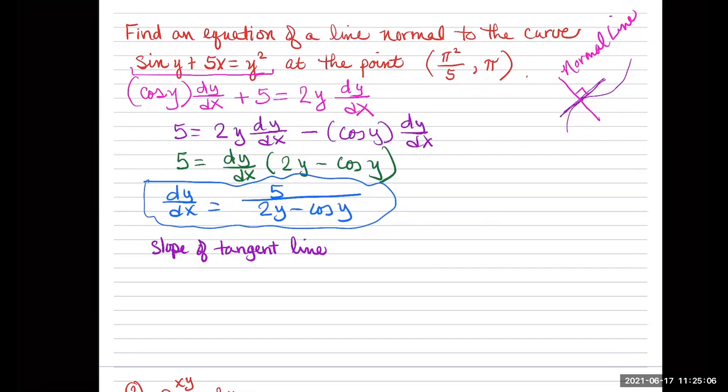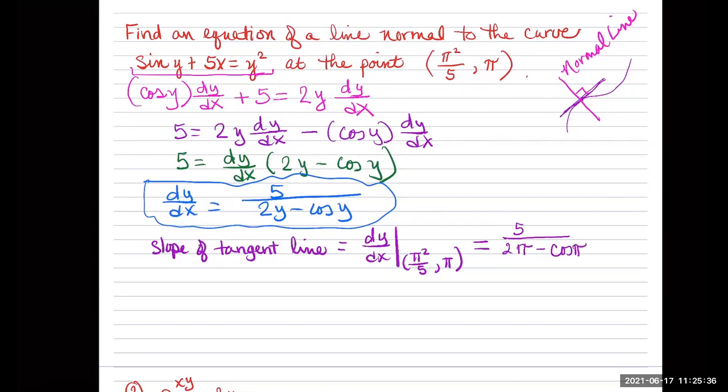We have to plug in our point. So everywhere there's an x, we're going to put in pi squared over 5. Everywhere there is a y, we're going to put pi. So it looks like we'll have 5 over 2 pi minus cosine of pi.